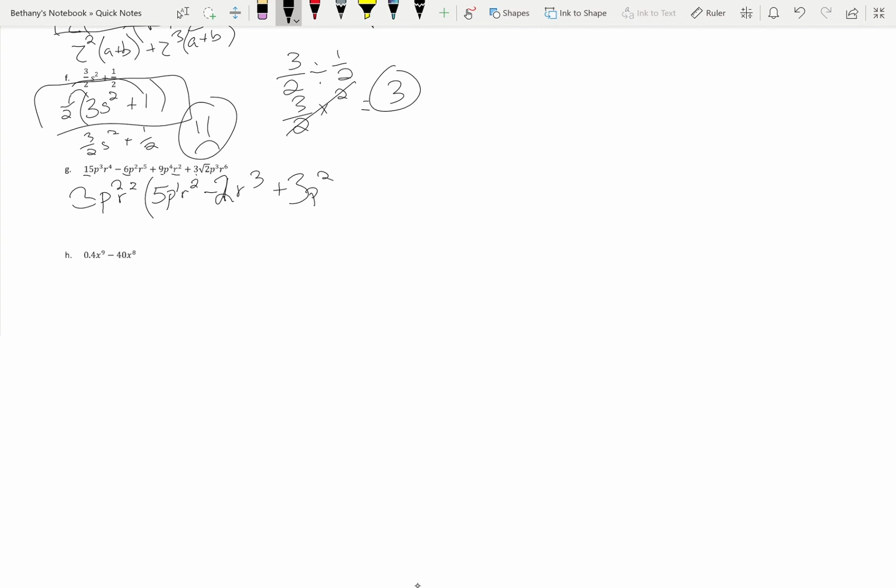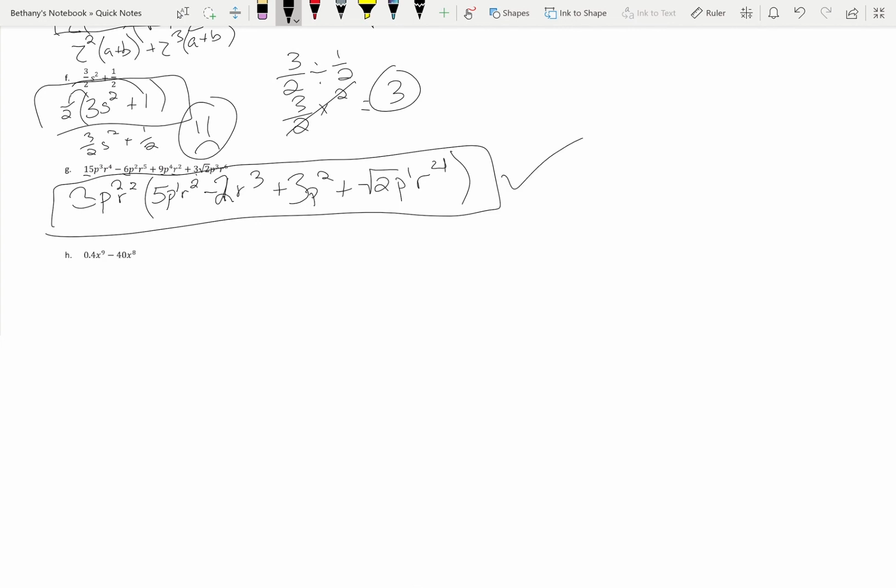P squared, r squared divided by r squared would cancel out. Plus 3 divided by 3 is 1. I'm not going to write it. I have that weird square root of 2. P to the third divided by p squared is p to the 1. R to the 6th divided by r squared is r to the 4th. Alright, ugly, I know, but it's okay.